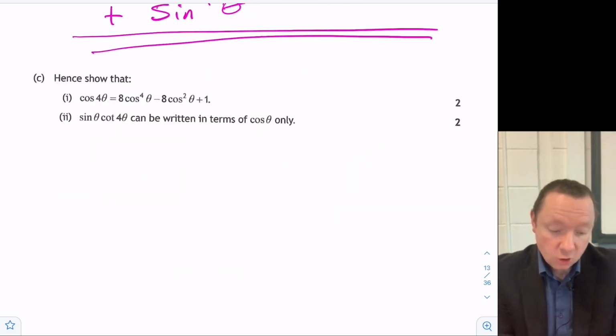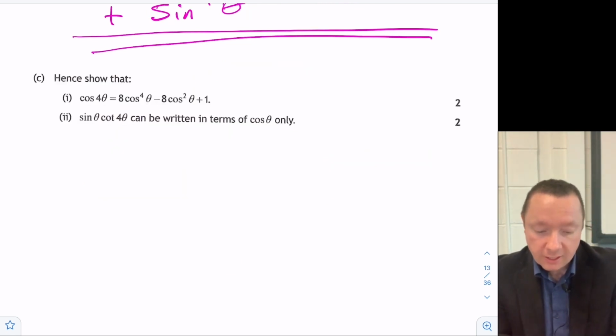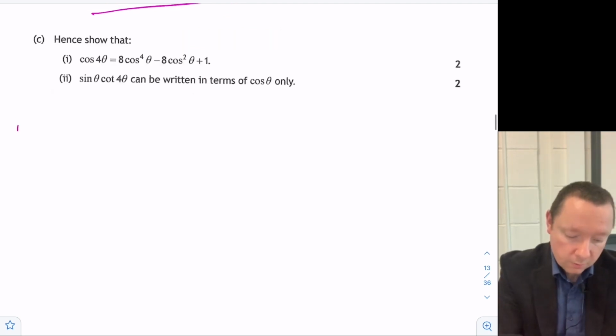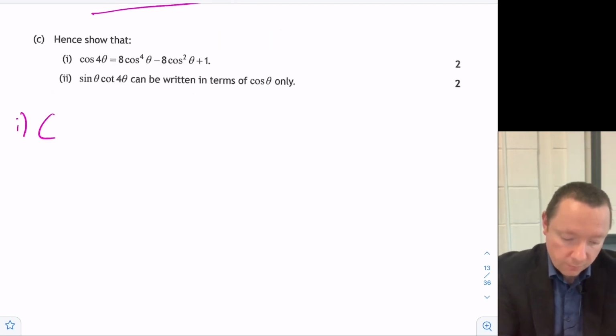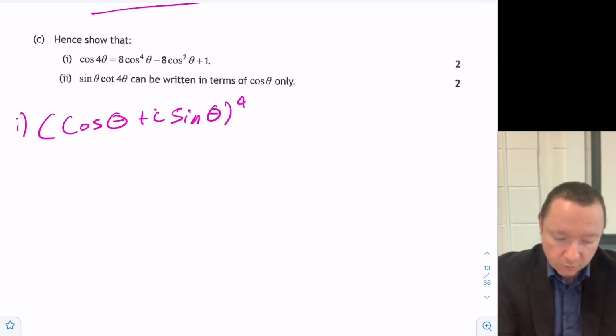Part C says, hence show that cos 4 theta equals 8 cos to the power of 4 theta minus 8 cos squared theta plus 1. So part 1, we already know that cos theta plus i sine theta to the power of 4, from de Moivre's theorem, is cos 4 theta plus i sine 4 theta.